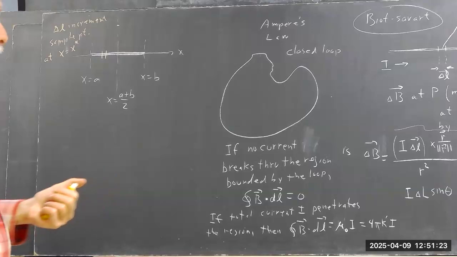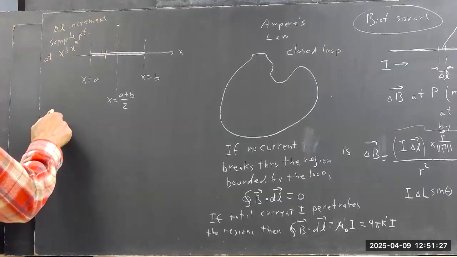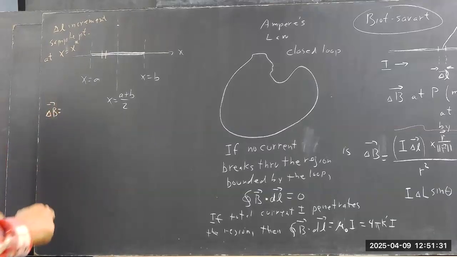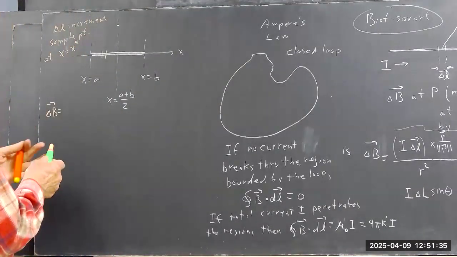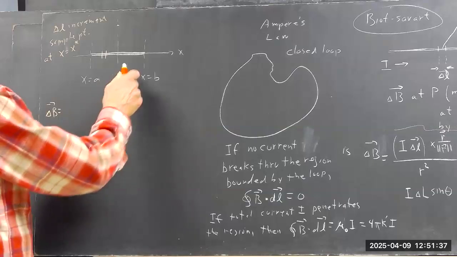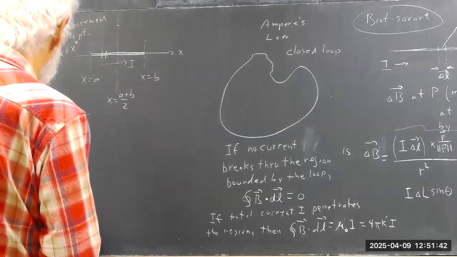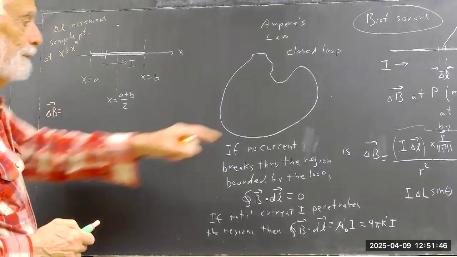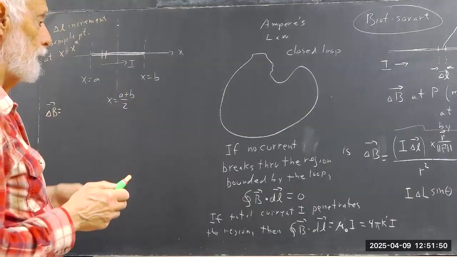So what is the expression for delta B? Again, we're going to assume the current I in the wire. So delta B is I delta L times R over R hat, etc.